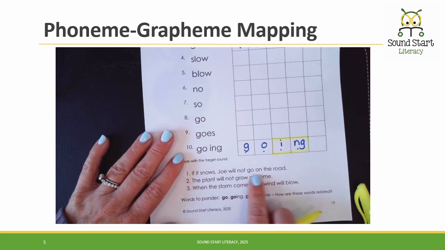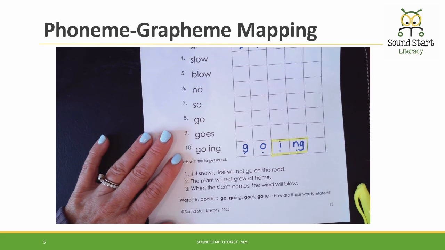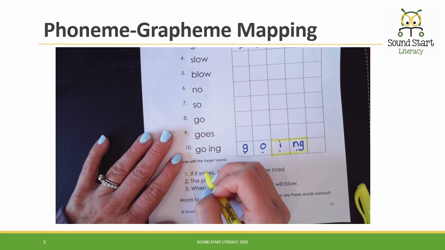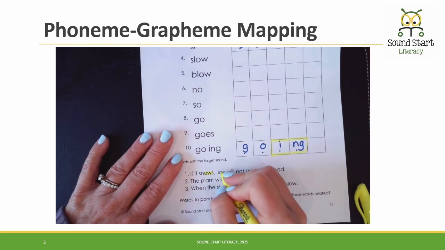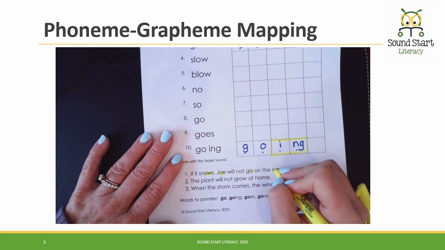So the student should read the sentence in their head first and then highlight all of the O sounds, because the sound is O. So they're going to highlight any O sound. So if it snows, Joe will not go on the road.